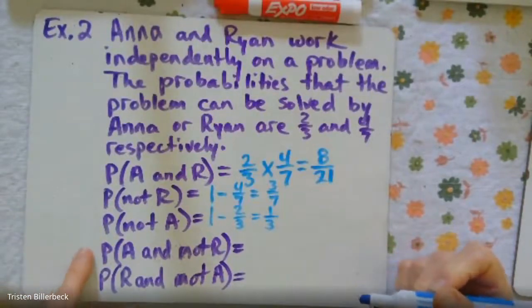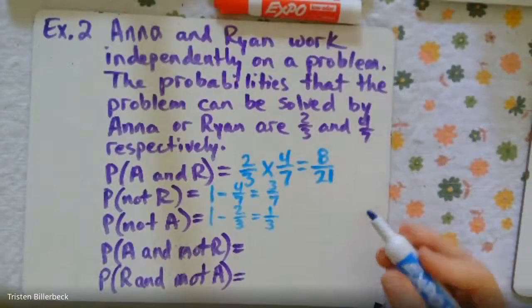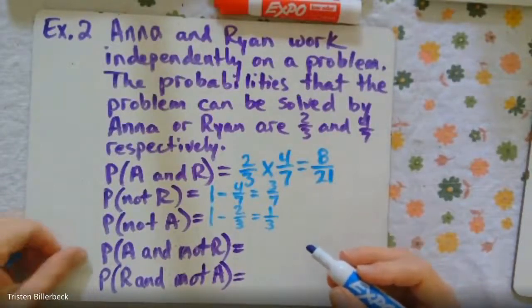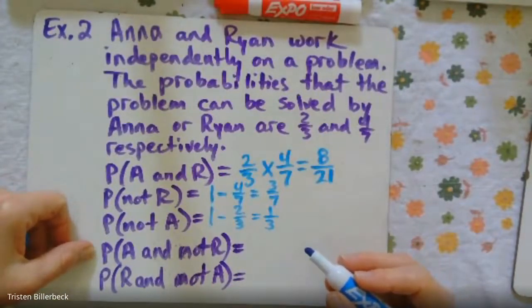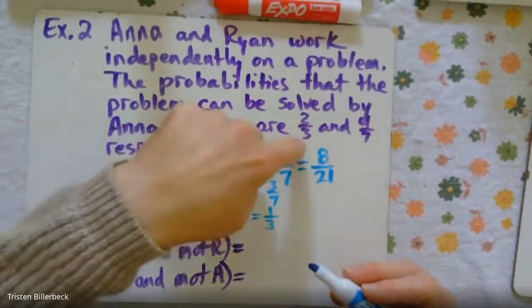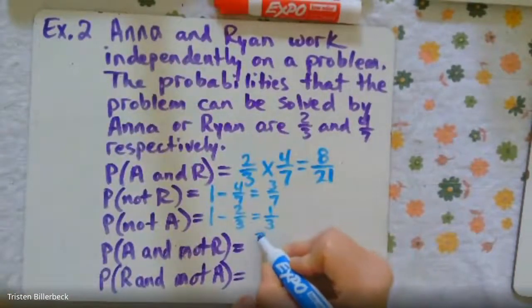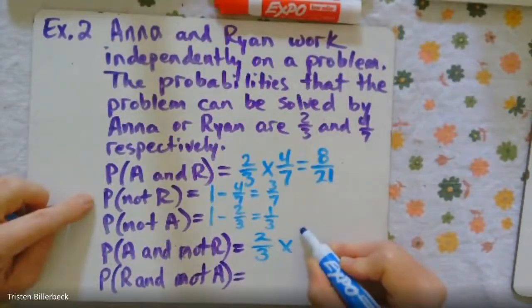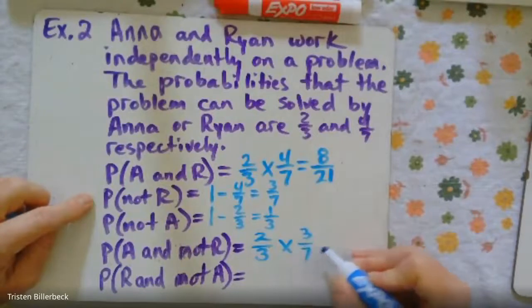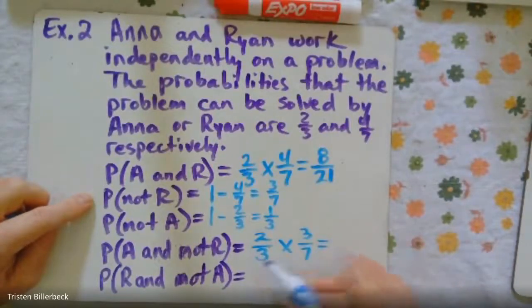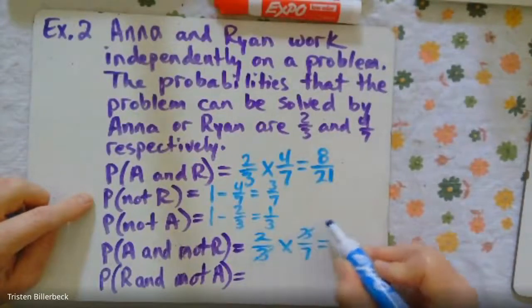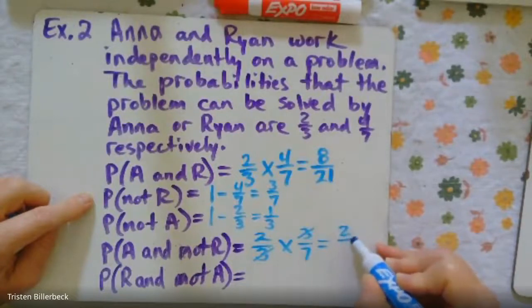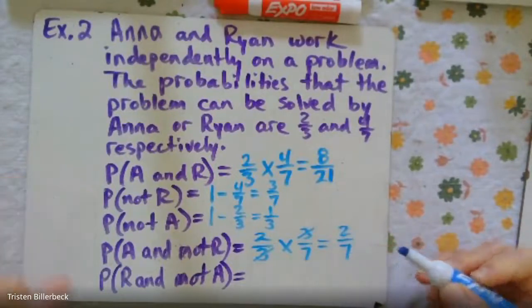So the probability of A, not R. We want to multiply the probability of A, so Anna was 2/3, times not R, which is 3/7. We can cancel these 3's out, and that becomes 2/7.